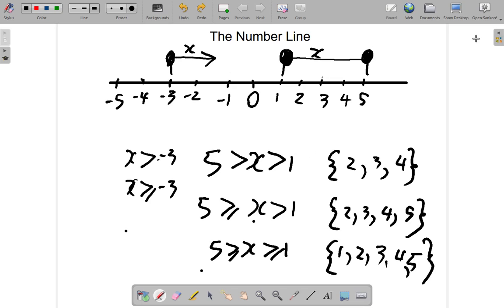So the number line is a useful instrument. Now, one of the number lines that you will see in reality is that line on the thermometer. You have 0, say this is in degrees Celsius, 1, 2, 3, negative 1, negative 2, negative 3.